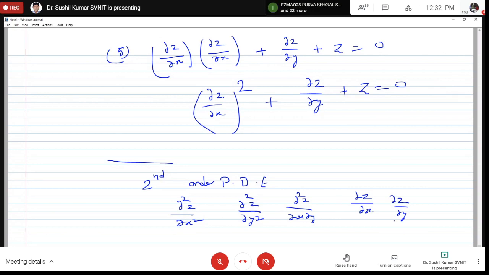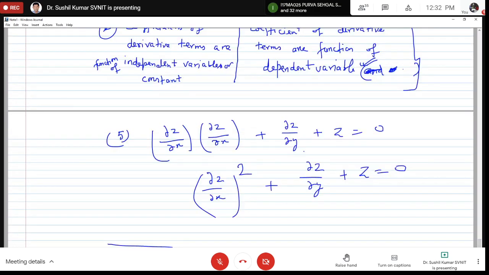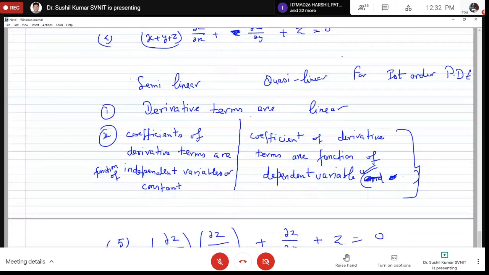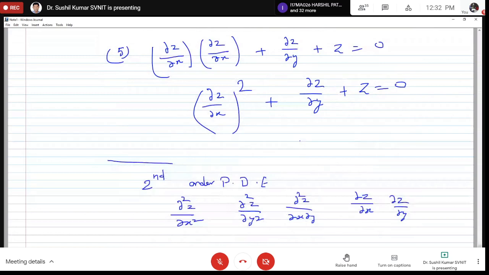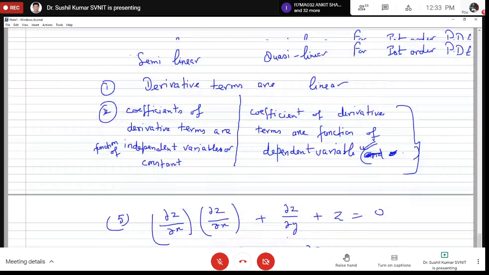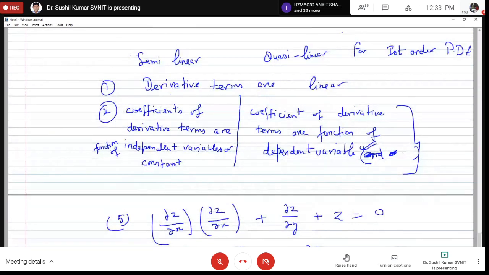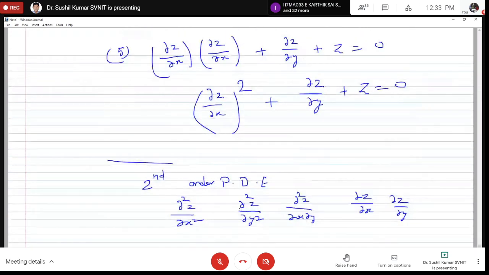See, in case of quasi-linear and semi-linear, first we check the linearity of derivative terms. So can you give me some idea to extend this definition of semi-linear and quasi-linear for order 2? Can we write that derivative terms are linear in case of order 2 also?